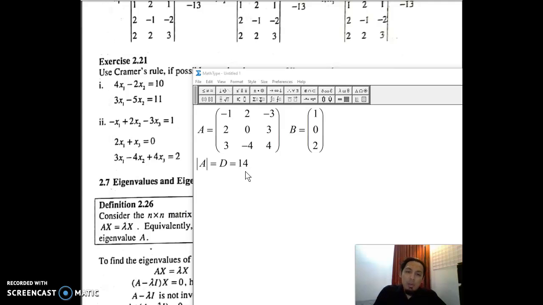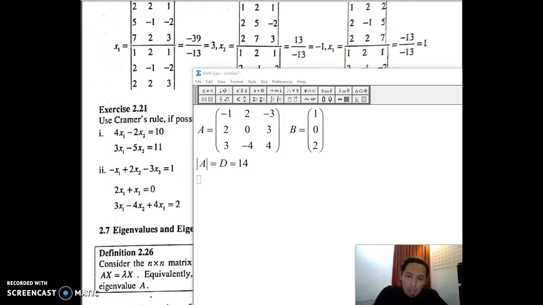As for the second thing, we are going to apply the formula of Cramer's rule, which is xi equal to the division of Di, the modified determinant, over this determinant.